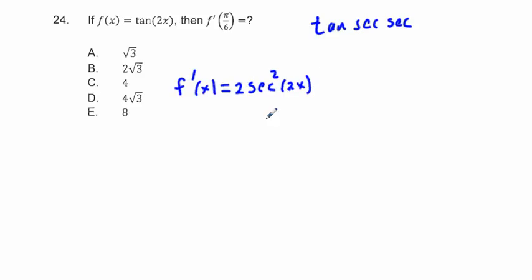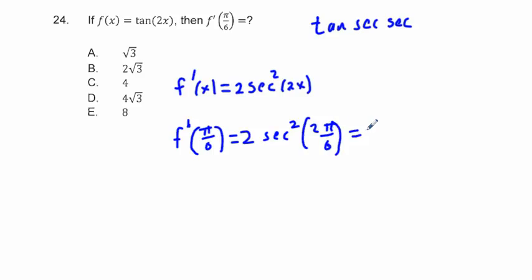So I'm going to put that 2 out front. So f prime of pi over 6 is going to be equal to 2 times secant squared of 2 times pi over 6, which is going to be equal to 2 secant squared, and 2 pi over 6 is going to be pi over 3.